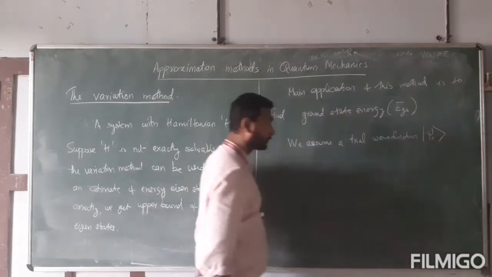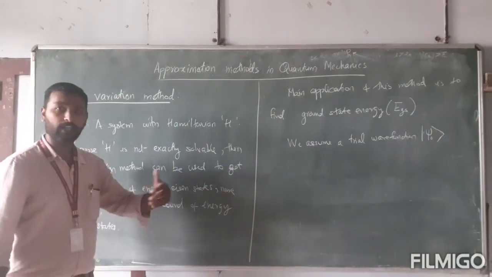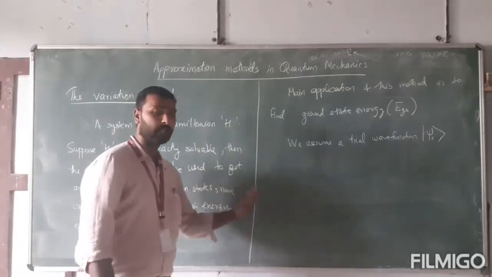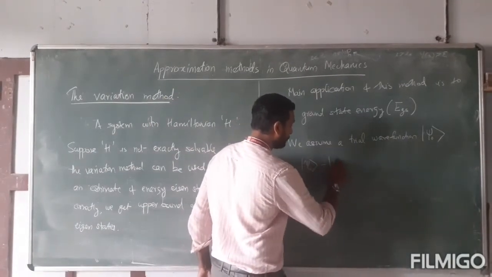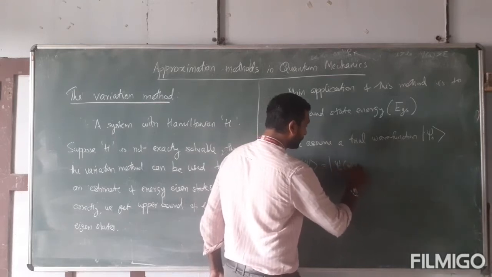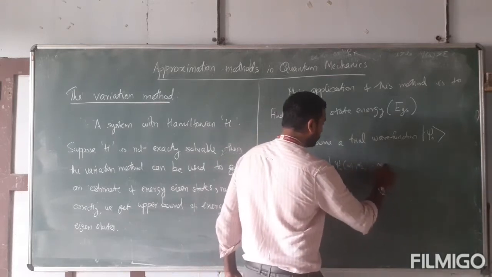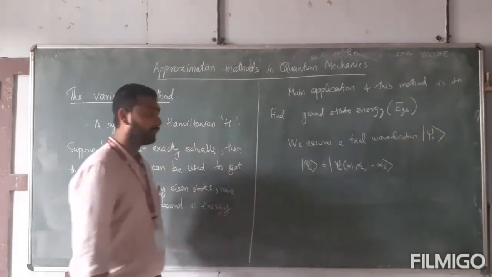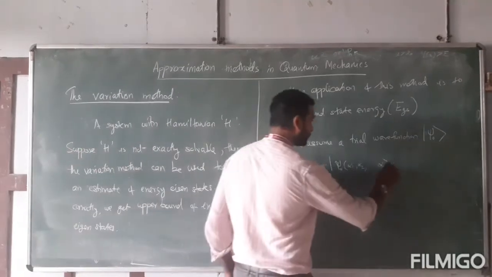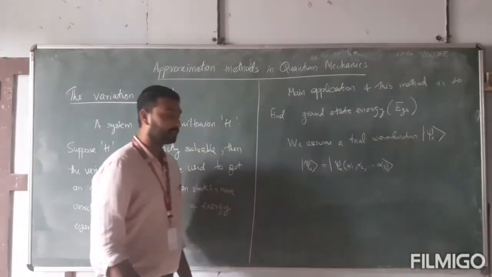Obviously psi 0 will be a function of some parameters alpha 1, alpha 2, and so on up to some alpha L. So there will be many parameters for this trial wave function.